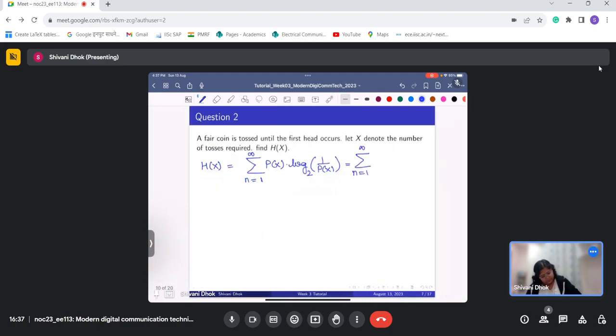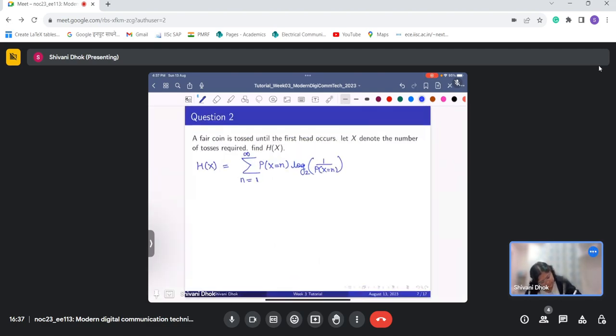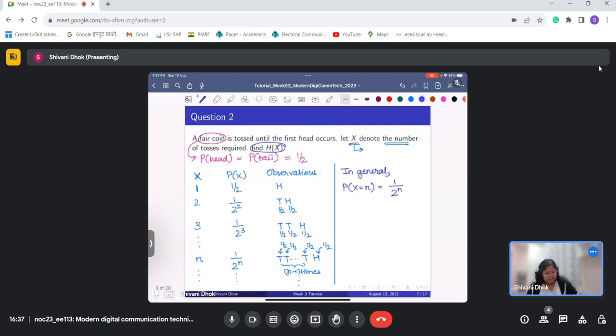Let me be a bit precise. Let me write it: the summation, n equal to 1 to infinity, of the probability that X takes a value n into log of 1 by the probability that X takes a value n, to the base 2. We know that the probability that X takes a value n is 1 upon 2 to the power n.